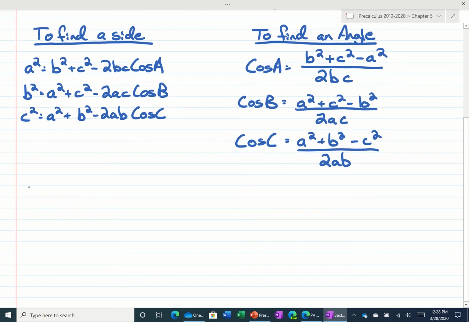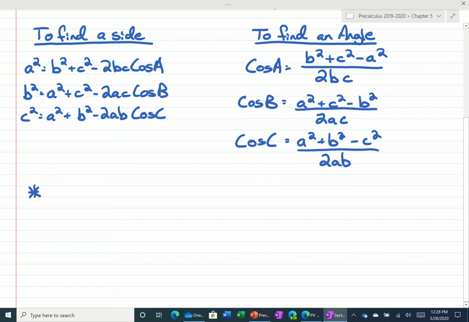One thing I just want to point out is sometimes you could wind up with an answer that doesn't make sense. Like we saw with the law of sines, we always want to check to make sure the largest side is opposite the largest angle and the smallest side is opposite the smallest angle. With the law of cosines, sometimes you could do everything right, but you wind up with the smallest side not being opposite the smallest angle.